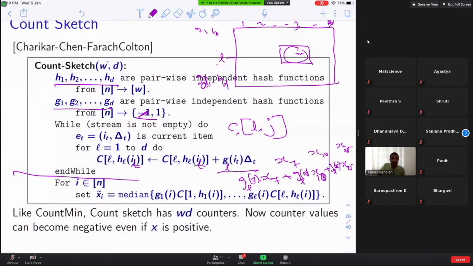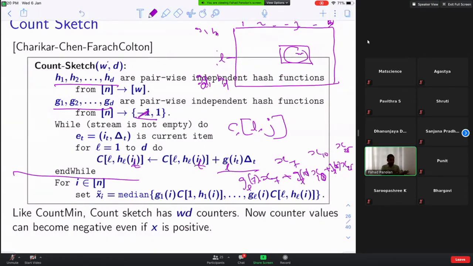So basically we are doing this count sketch to reduce the variance, like the median trick for the count-min, right? Yes, that is correct. Because previously we were doing over-counting, and over-counting will take you farther.